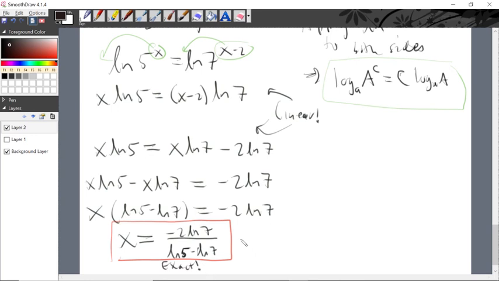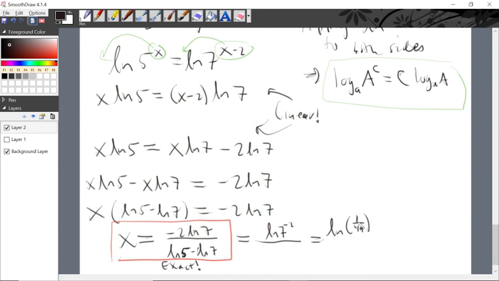Some other ways. By using laws of logarithms, we can clean this up a little bit. We can say that this is also equal to, using law 3 of logarithms, we can move this negative 2 coefficient to the exponent of the argument. So we can rewrite the numerator as the natural log of 7 to the negative 2, which is the same as saying 1 over 7 squared, or 1 over 49. So we can write this as the natural log of 1 over 49.